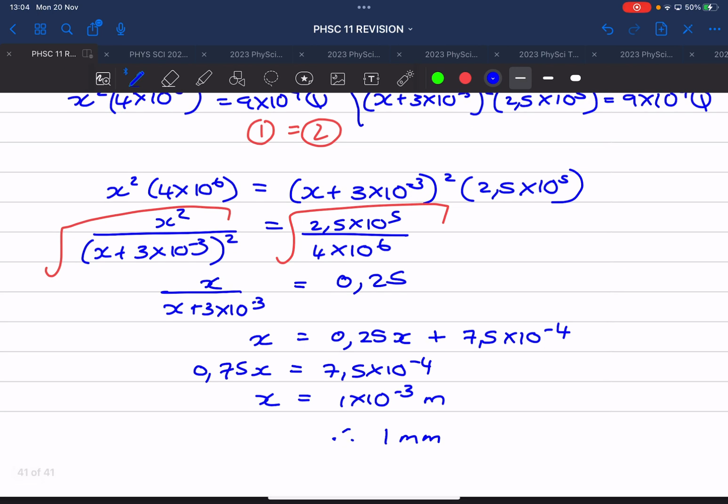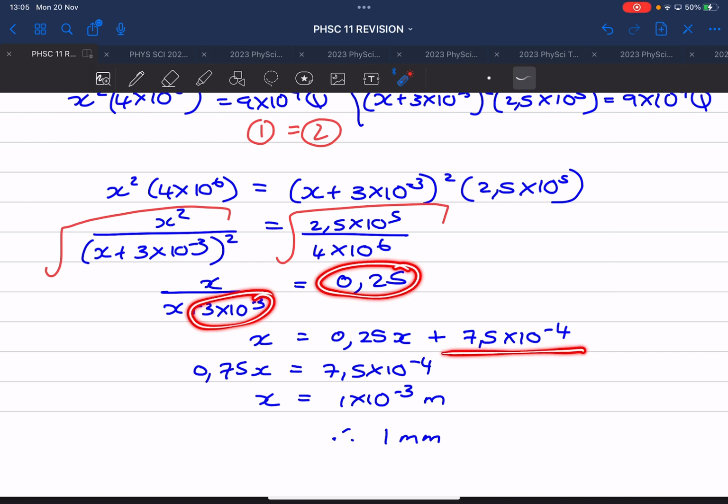Nee, ja. Juffrou, wat het jy gedoen? Okay, ek het 'n vierkantswortel. Okay, so then the squares fell away and I put that into my calculator and I got this. Okay, of a quart. Then what I did is I took that and I multiplied that in there. So that's why I got 0.25x and then I multiplied 0.25 with that to get that.